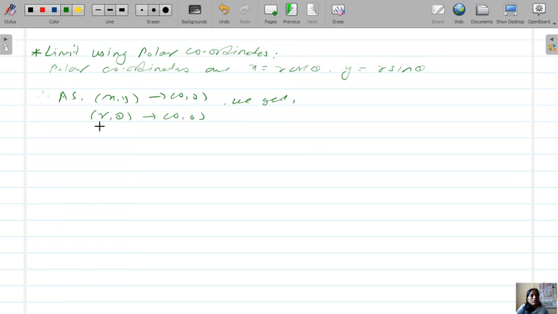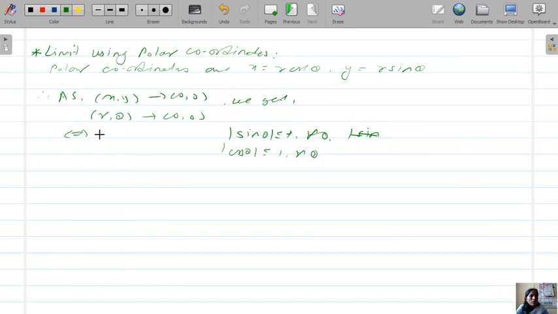Sometimes it is difficult to evaluate limits using Cartesian coordinates, and therefore we use polar coordinates. In fact, if you observe further, you can use the criteria that mod of sin theta is less than or equal to 1 for every theta, and mod of cos theta is less than or equal to 1 for every theta.